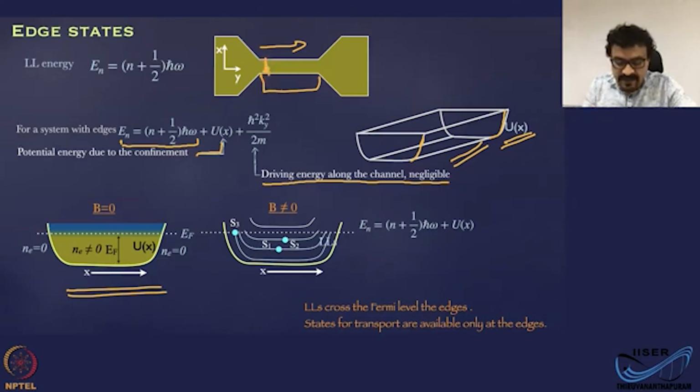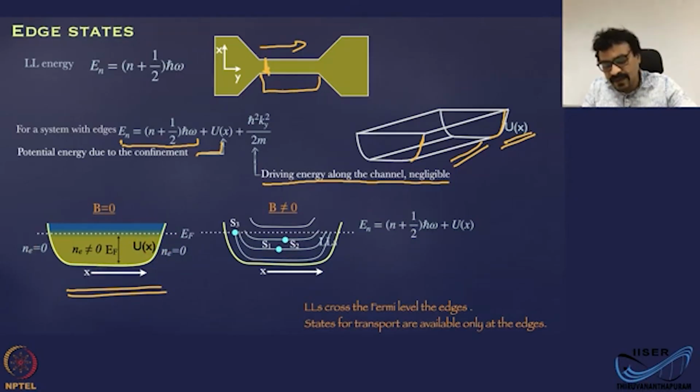So you start from here to here. That is the path. Now, what that means is, in this flat portion, the bottom of this bucket, you don't have any u of x term, but the u of x comes in the picture as you go towards the edges. So there are electrons here, and there are no electrons here.